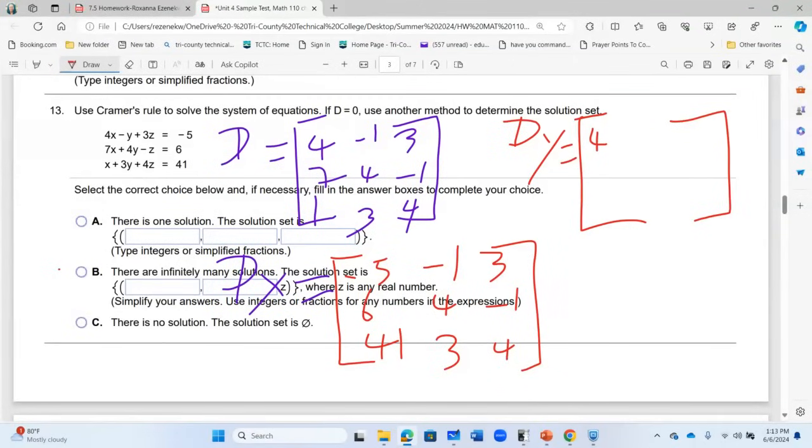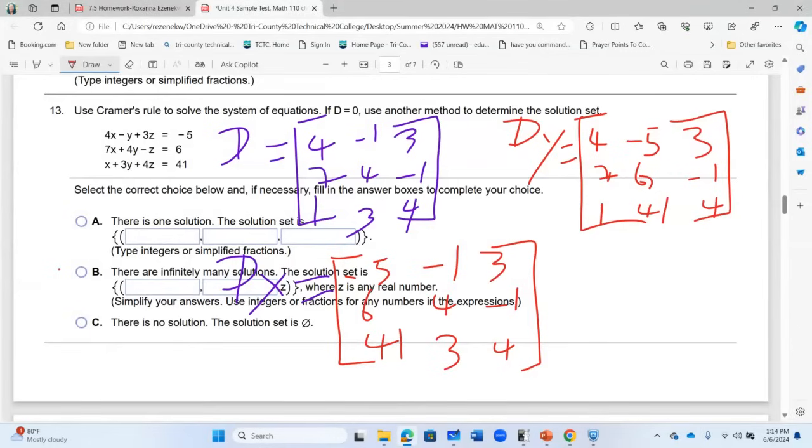So I put the coefficients of x, 7, 1. Then where the coefficients of y go, I put in the constants, negative 5, 6, 41. Don't forget that. And then the coefficients of z are 3, negative 1, and 4. Then you can find the determinant Dy with your calculator or by cofactors, whichever is easier for you.